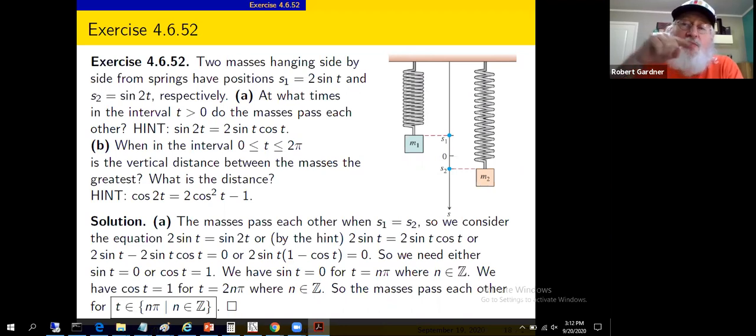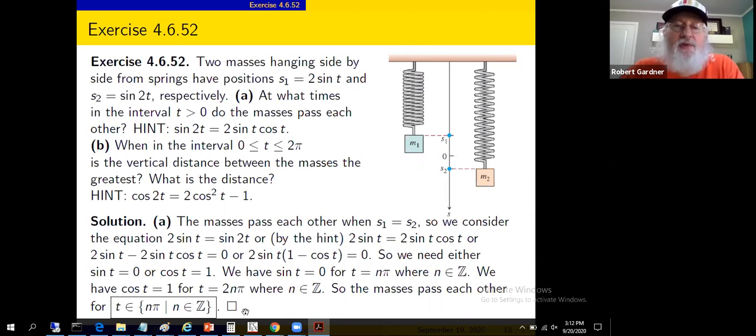That cosine function reaches the crest of a wave. It starts at the crest of a wave, if you like, when t is 0. So the masses pass each other when t is some integer multiple of pi. Here we had all integer multiples of pi. Here we had even integer multiples of pi. Well, all multiples include the even ones and the odd ones. So we can express it in terms of this.